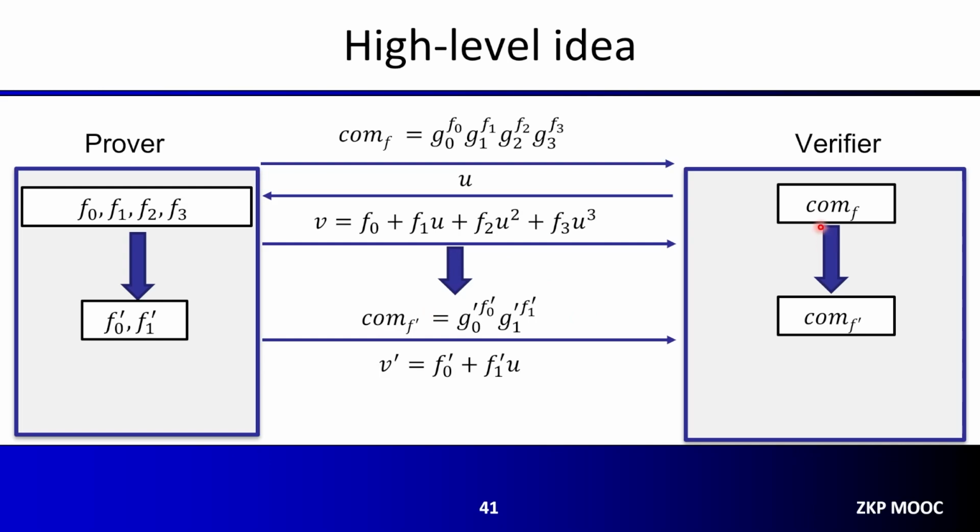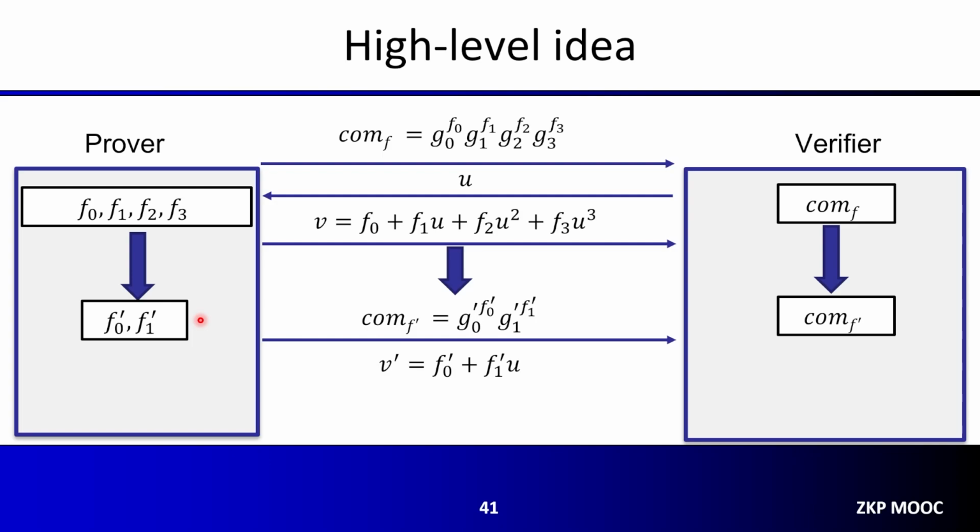And if you can do this, then the verifier will receive a new instance of this polynomial commitment for a polynomial of degree only half. Then we can just keep doing this recursively to reduce the new instance to another polynomial of degree only d over 4 and d over 8, and all the way to a constant degree polynomial.